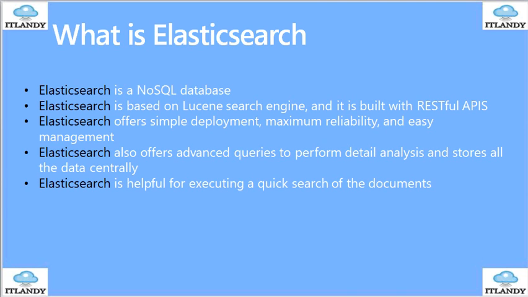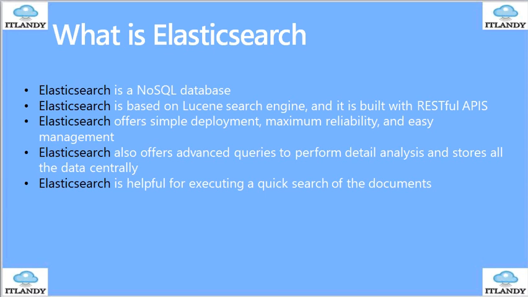It's mostly used as the underlying engine to power applications that have complex search requirements. It has been adopted in search engine platforms for modern mobile apps and web apps. Apart from quick search, the tool offers very complex analytics and many advanced features. It helps execute quick searches for documents, offers advanced queries, and performs detailed analysis.